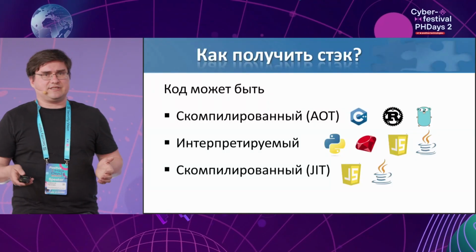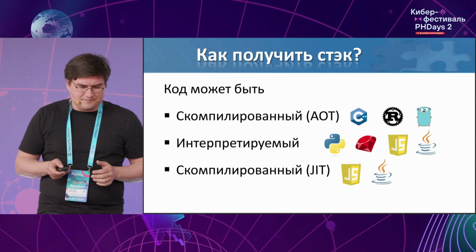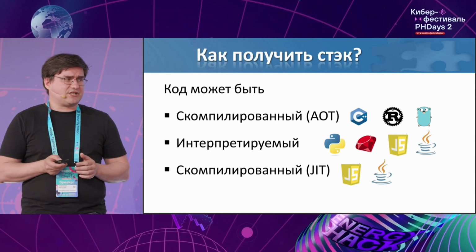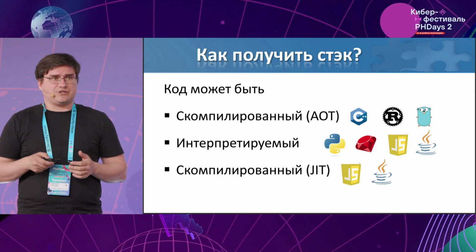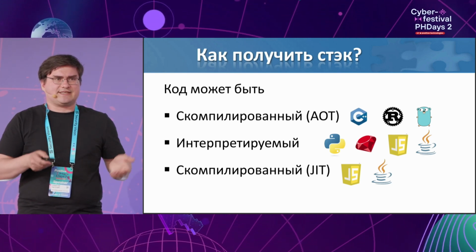So that's typical of C++ and Rust and Go. Binary is compiled there, then symbols table is compiled, or information for the debugger. There are also interpretable languages.